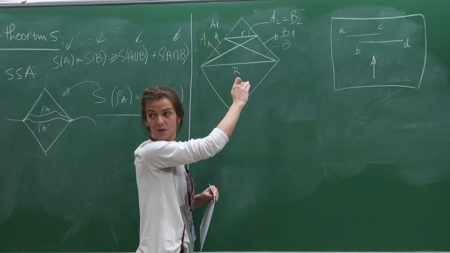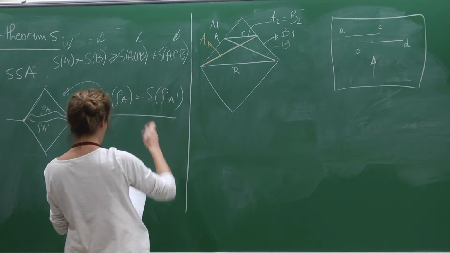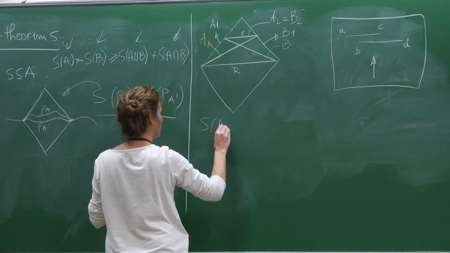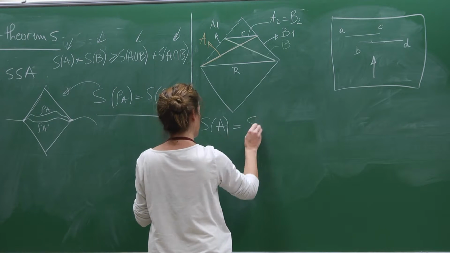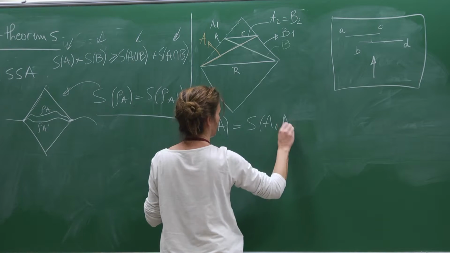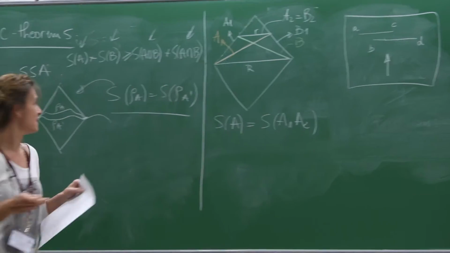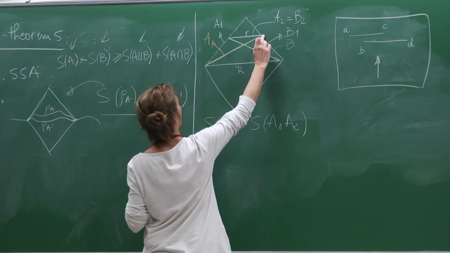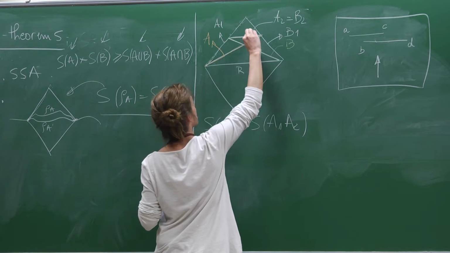We are going to use strong subadditivity. And from here, we know that we can write that the entropy of A, that's why I'm putting so many letters, is the same as the entropy if you take this and this, okay?